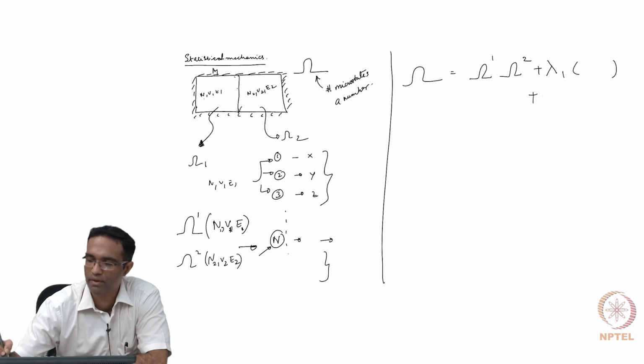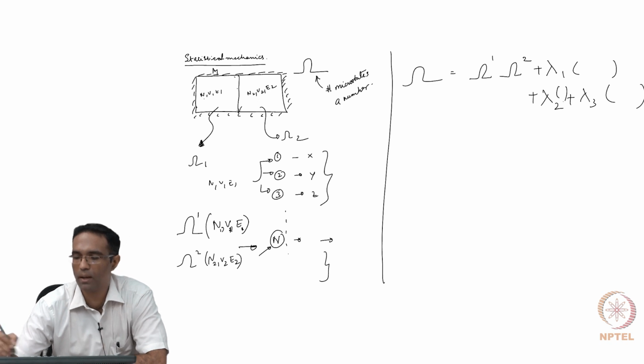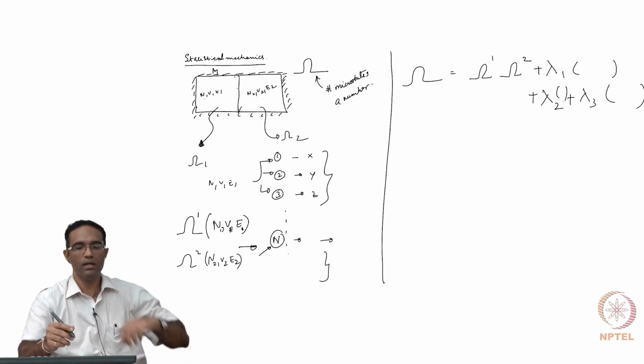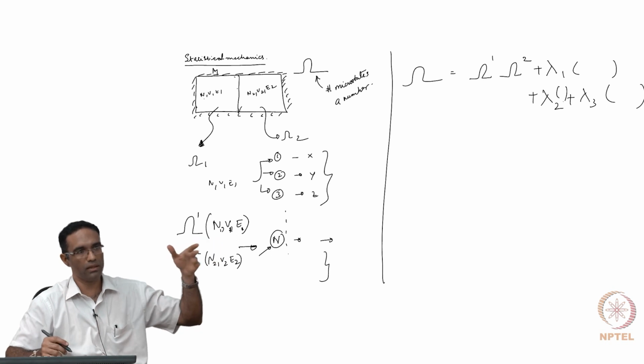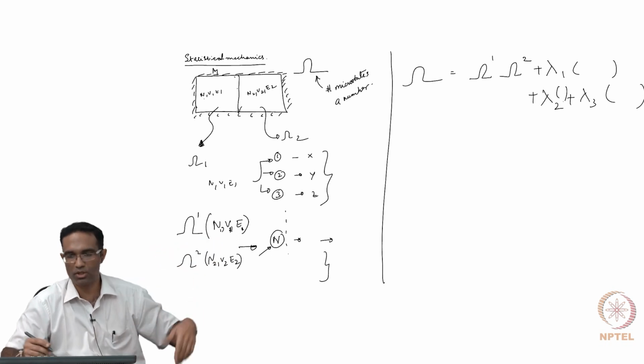There were three different constraints here. This was the final thing that we did, where we allowed the central portion to move, to exchange material, and at the same time to exchange energy as well.